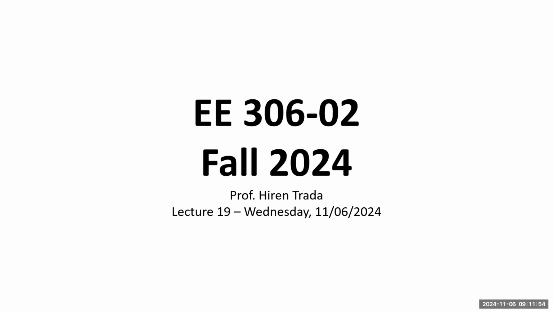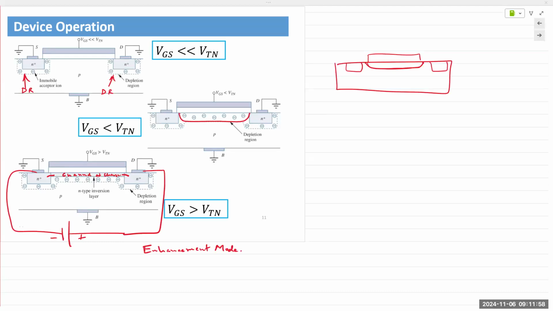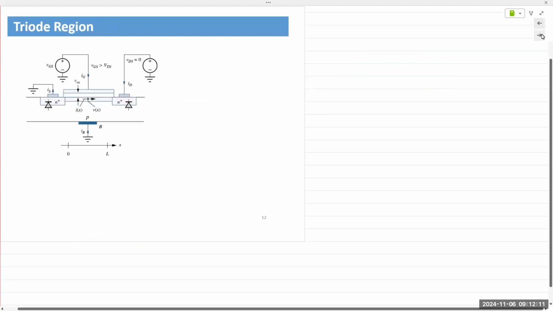So let's see. Class notebook. We're talking about the device operation for a MOSFET. We looked at a MOS capacitor, the gate, and the channel established and current was flowing.